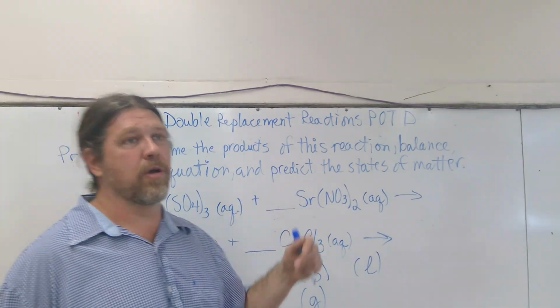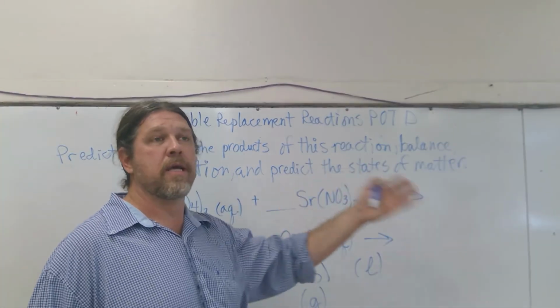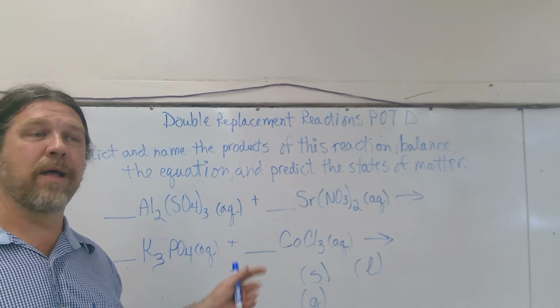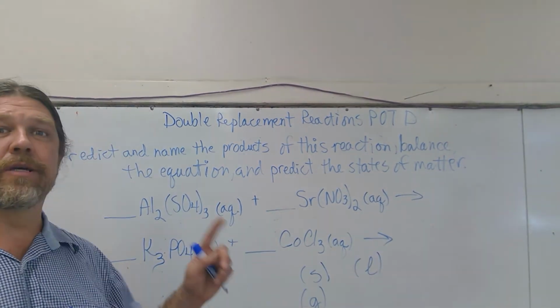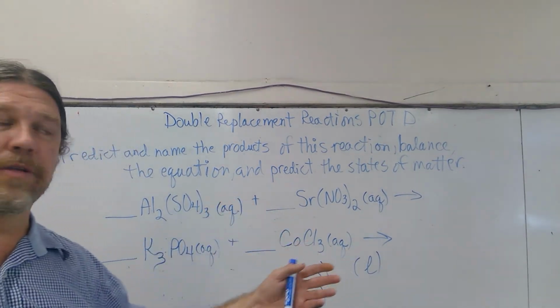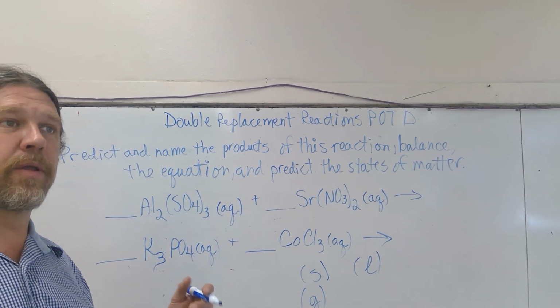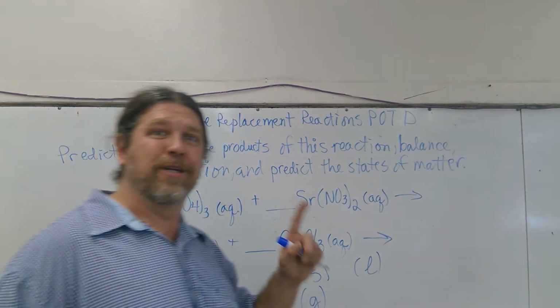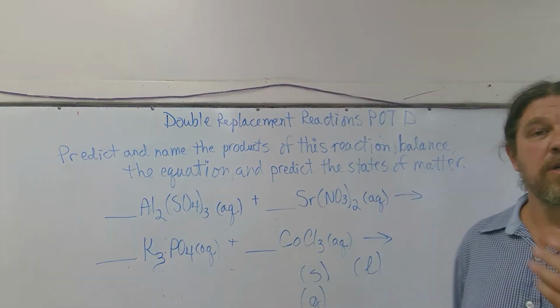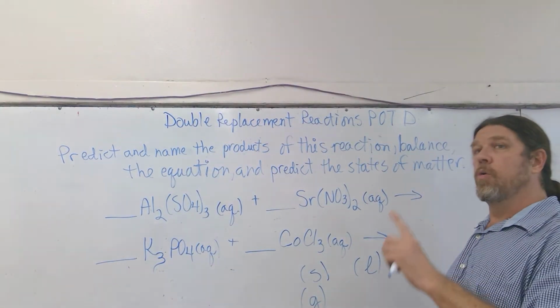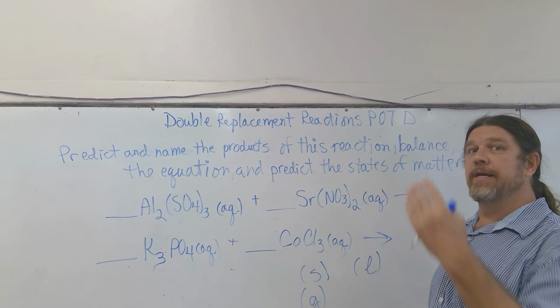This is pretty much the only way you can consistently get a correct answer for a balanced equation. And don't forget to name all four of the substances in each reaction and what is likely the state of matter for each product as aqueous, soluble in water, or S, solid, insoluble.